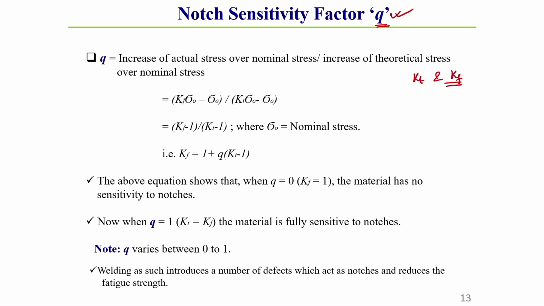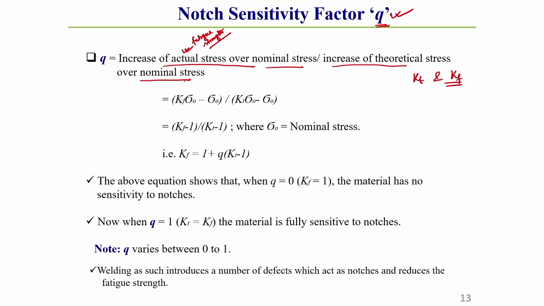The definition tells us that it is the increase of actual stress over nominal stress, or the increase of fatigue stress or fatigue strength over nominal stress, divided by the increase of theoretical stress over nominal stress.